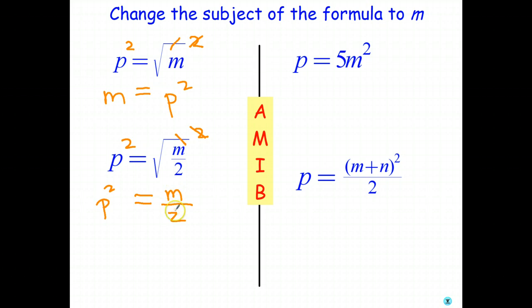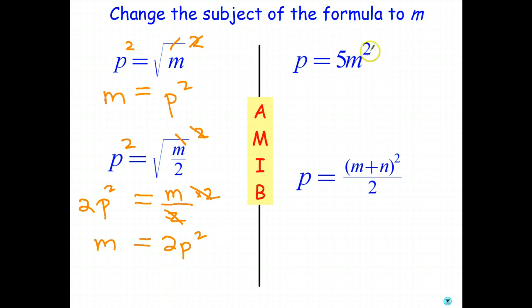Now m is divided by 2, and therefore I need to multiply both sides by 2. The 2's cancel out, and that leaves me just an m on this side, which I'll write on the left, and a 2p squared, which I'll write on the right.